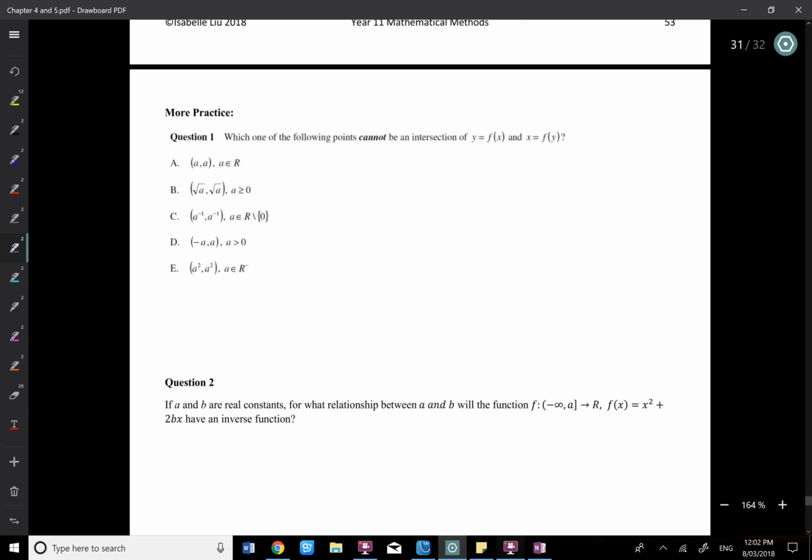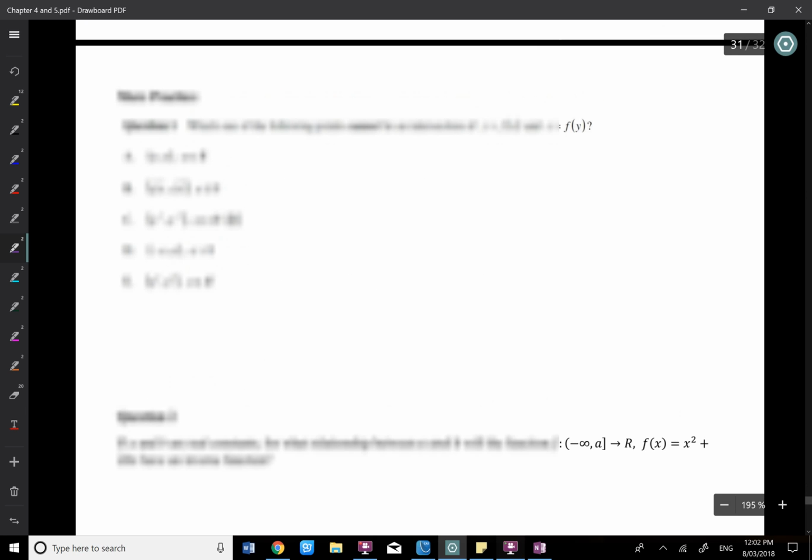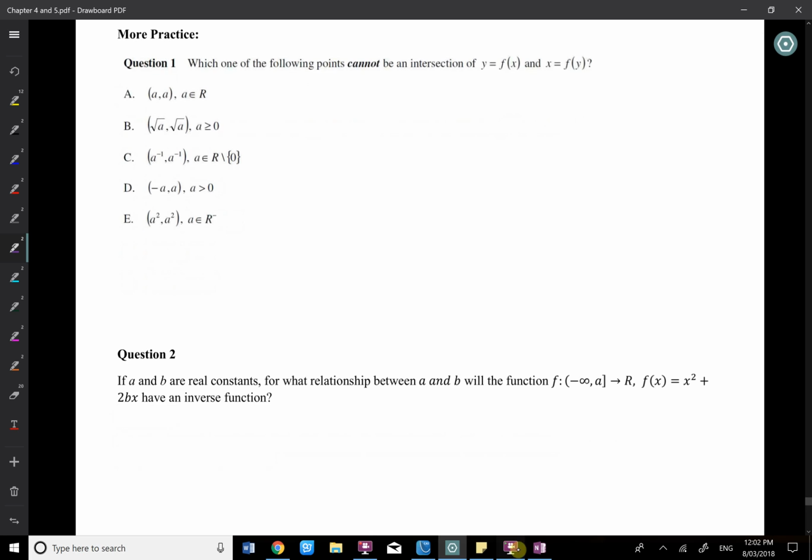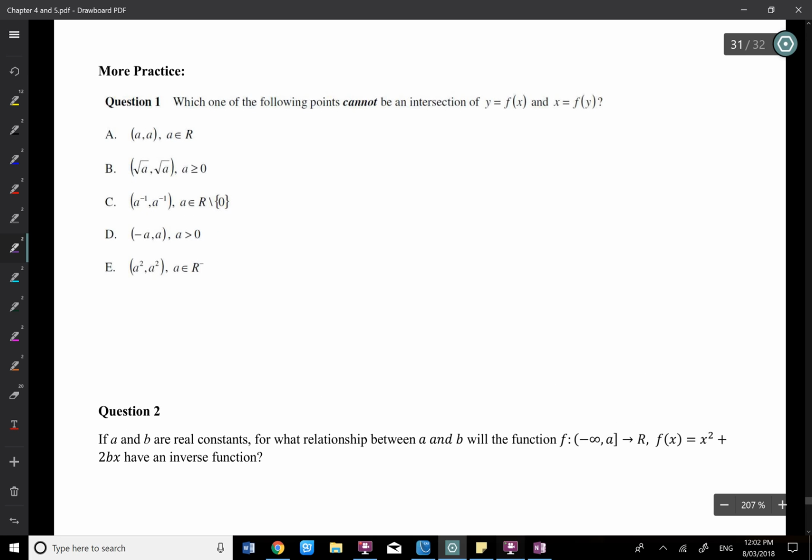Okay, one more thing to talk about. Well, first question is really easy. It says which one of the following cannot be the intersection. This question is not really correct, because as I explained, every point can be possible if you include (A, B) and (B, A) in the same graph.